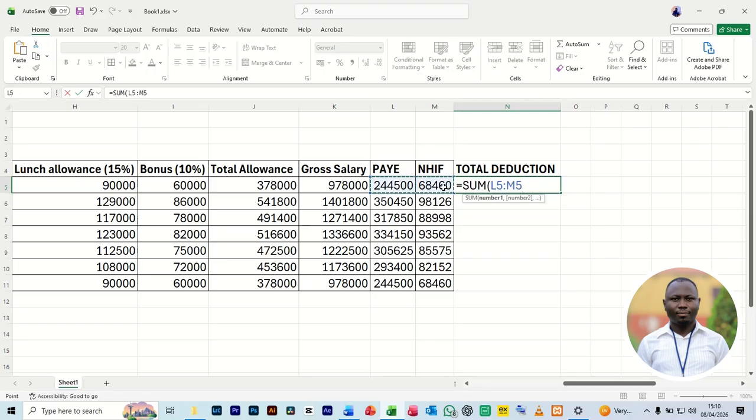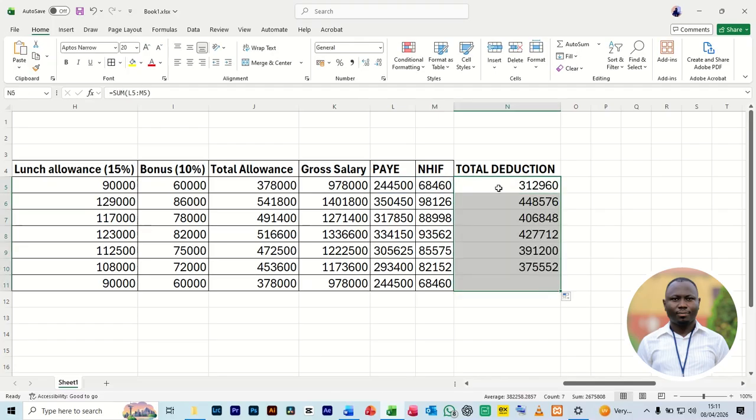We get these two, which is L5 to M5, close bracket, hit enter, we get our total deduction. We autofill. Okay, we are done with the total deduction.